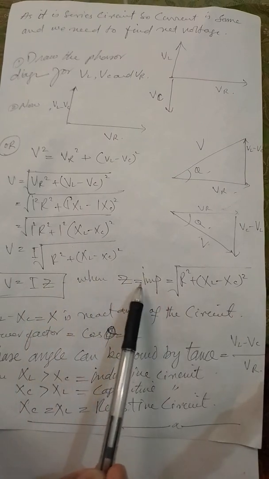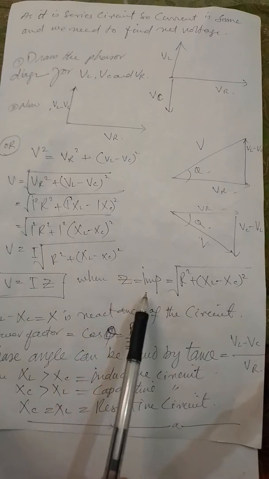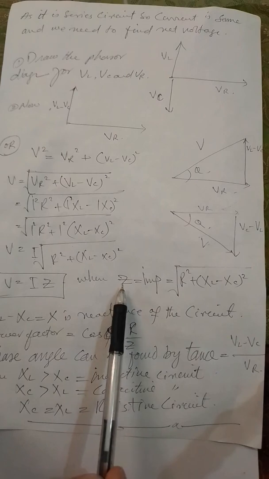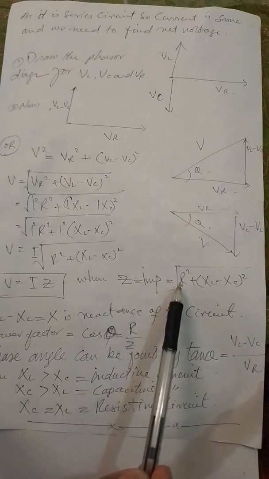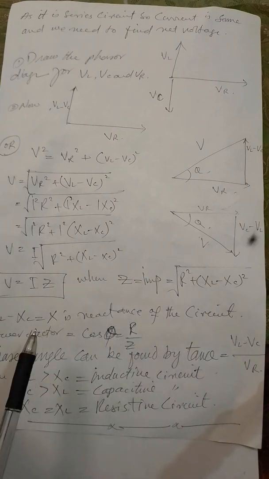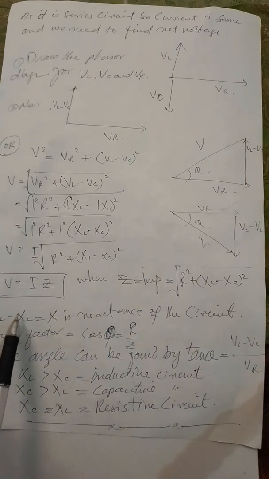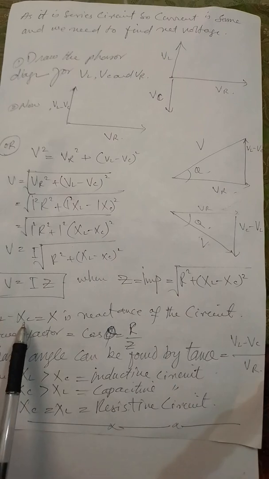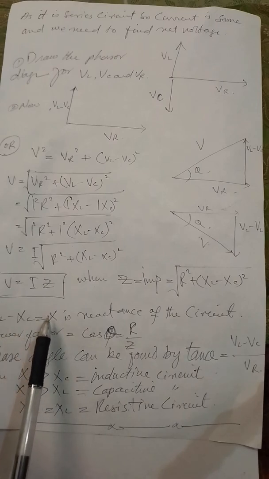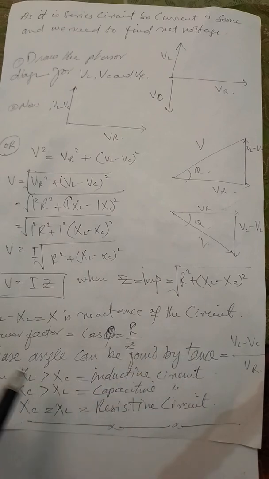What is impedance? The total net resistance of the circuit is called impedance. It is denoted by the letter Z, where Z is equal to the square root of R squared plus (XL minus XC) whole squared. Now, what is XL minus XC? This is the net resistance of the inductor and the capacitor, which can simply be denoted in mathematical equations by X. This is the reactance of the circuit.